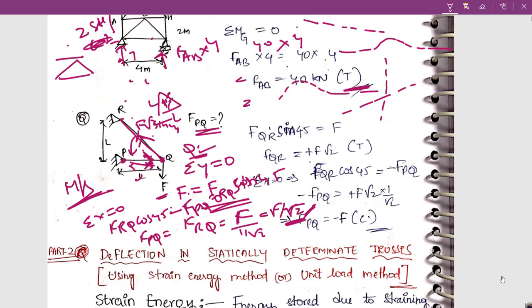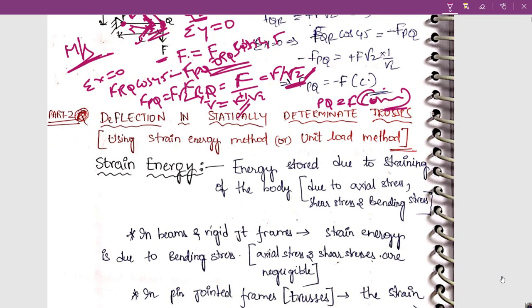FRQ is F root 2 into 1 by root 2, which is F. So your PQ value is F and the assumed direction is correct. You assumed it pointing towards the joint, so it is a compressive force. You can write PQ equals F compressive. If compressive is not stated, you can write minus F; if compressive is stated, you can write F in brackets compressive.